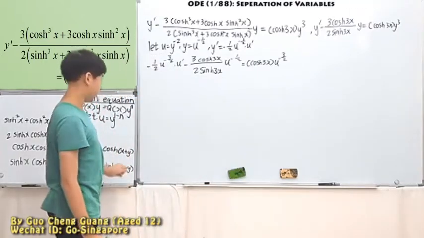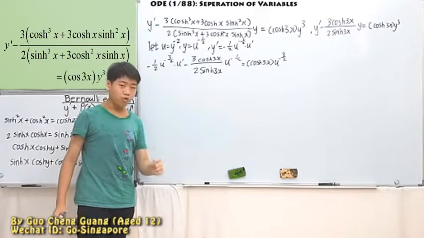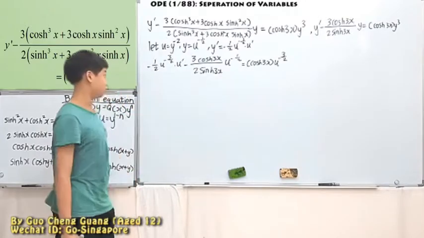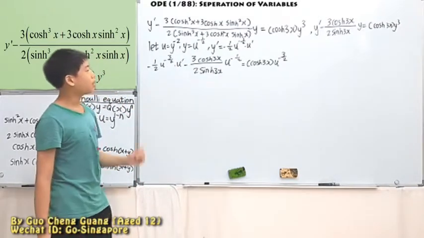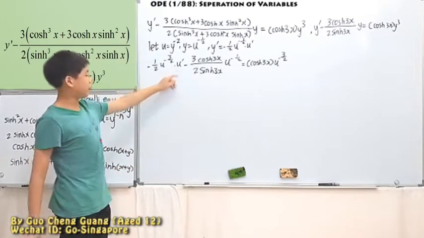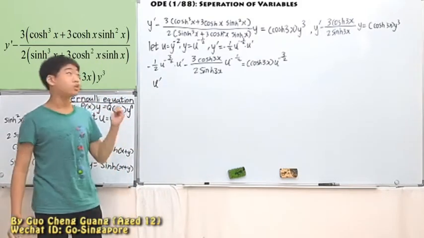Okay, next, we want to try to make something which we know how we can solve it and which methods we can use. Now, what kind of methods have we used before? How about let's change this into u first derivative or u prime.